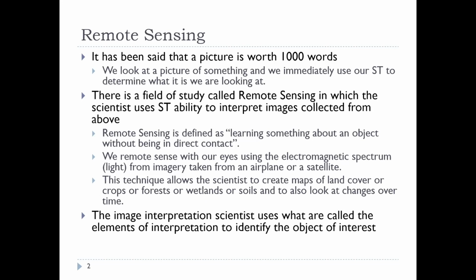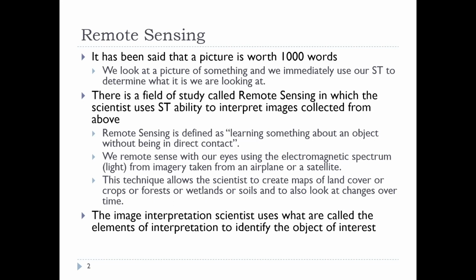Okay. So remote sensing is defined as learning something about an object without being in direct contact with it. Now, we all remote sense, right? We have our eyes. You're actually listening to me right now, so you're using your ears. You're watching the slides, so you're using your eyes, and probably not using your sense of smell right now.